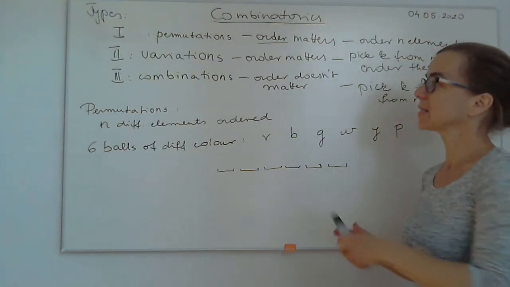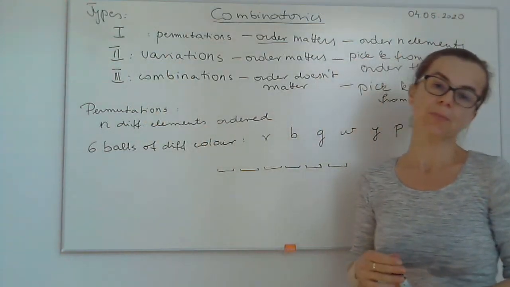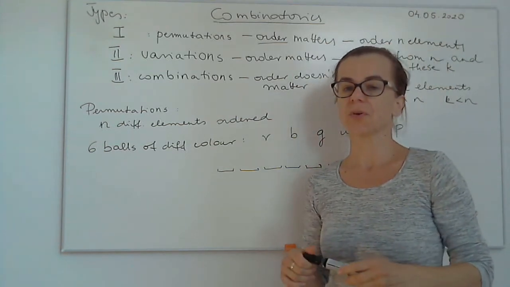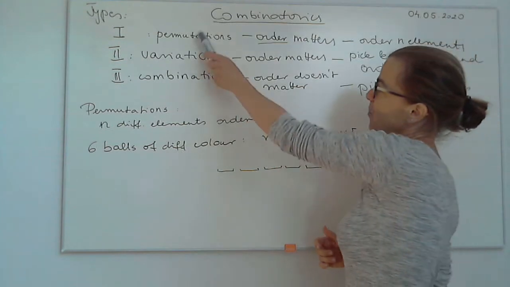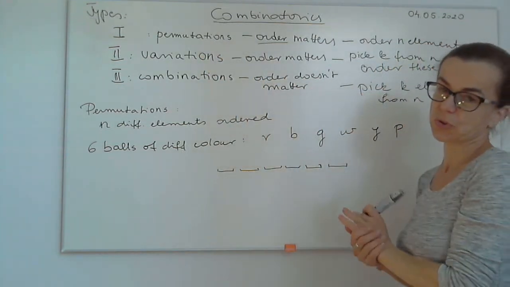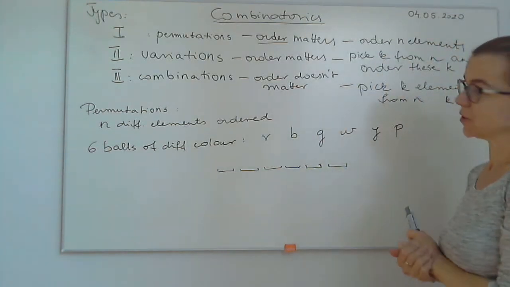And I listed for you the 3 subtypes of problems concerning arrangement and picking of a certain number of objects. So the first one is permutations, where order matters, so you have to order a certain number of elements. N is a natural number.